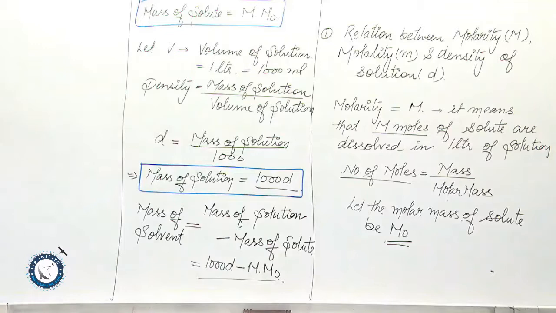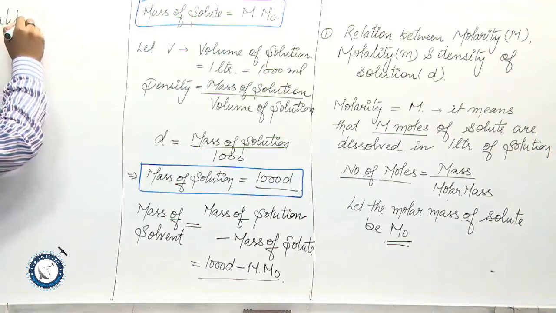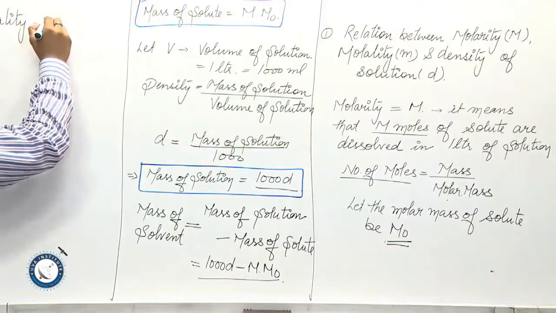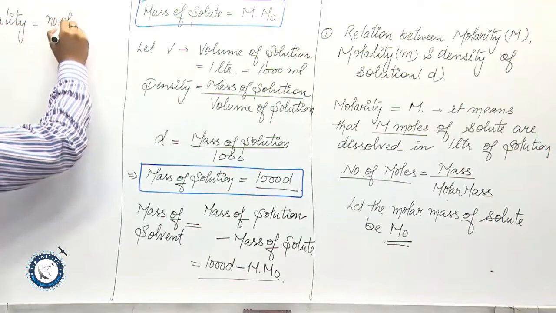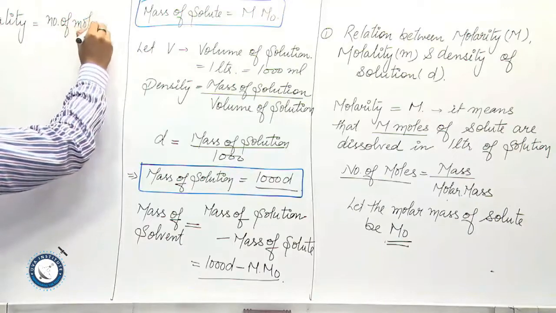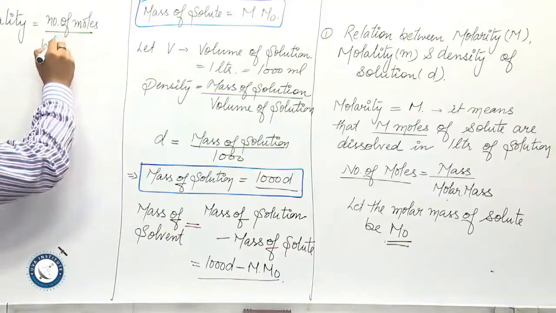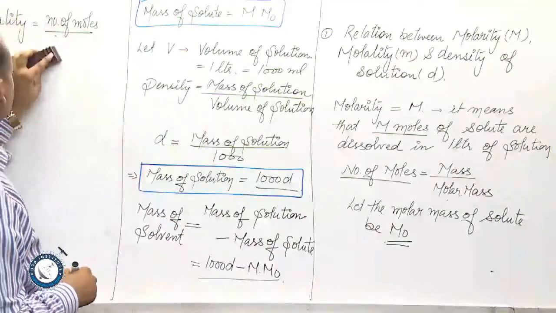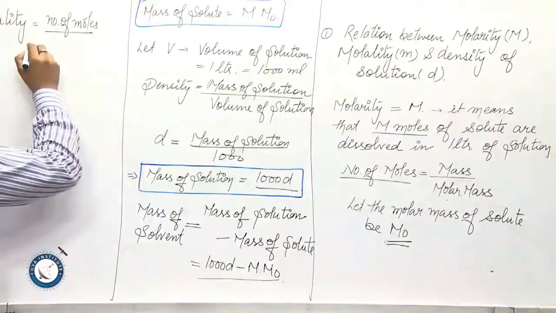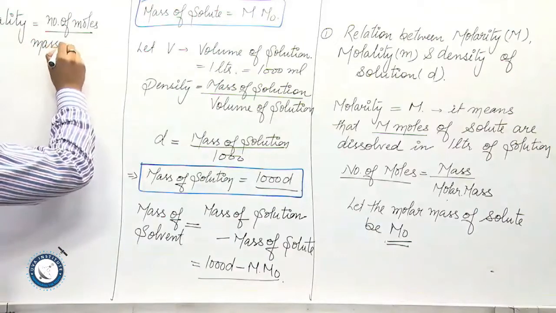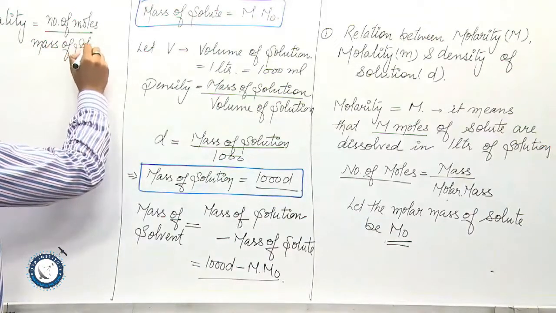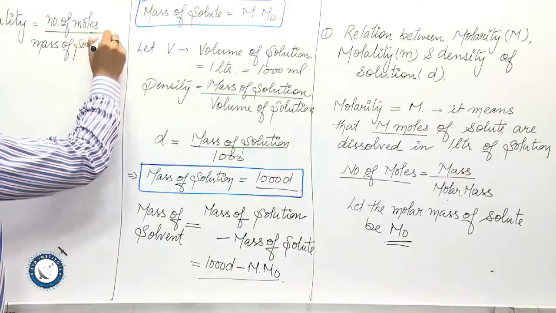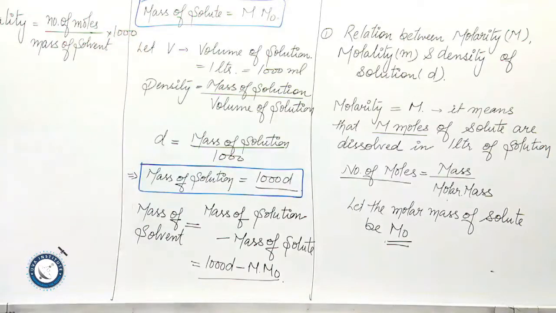Okay. Now what is the formula of molality? Number of moles of solute upon mass of solvent into 1000.